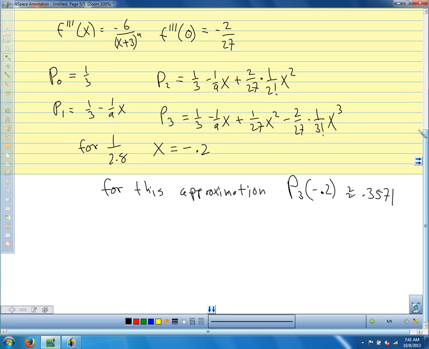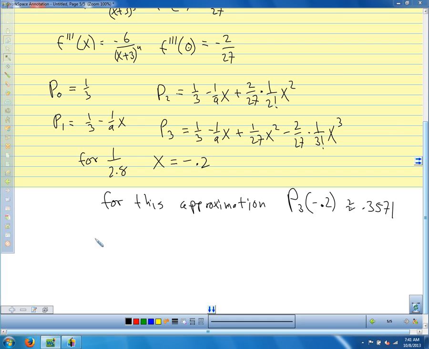For our original, where we expanded about x equals 2, we get that P3 of 2.8 is approximately 0.3480.